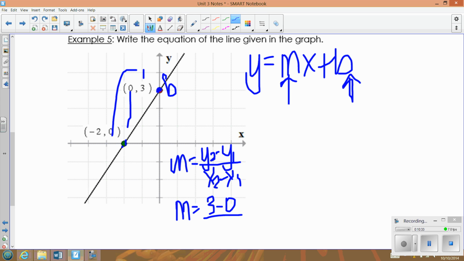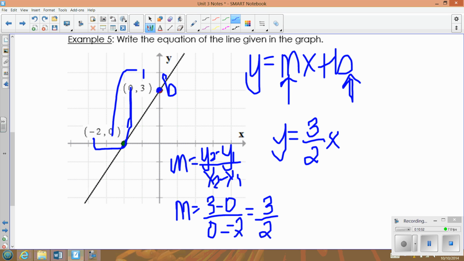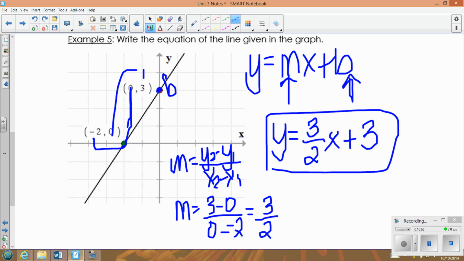And then my x values, in the same order. So I took the top coordinate, 0 minus -2, which gives me 3 over 2. So then I can plug those values in. So 3 over 2 x plus 3 for my y-intercept. And that would be my equation.